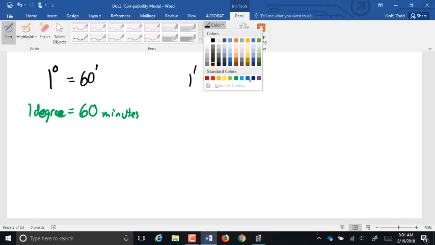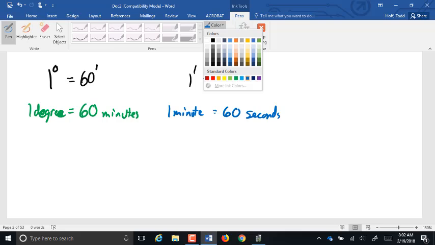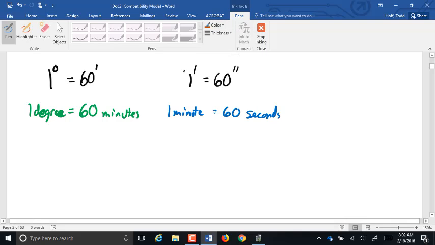Just like in time, there are 60 seconds in a minute. So 1 minute is equal to 60 seconds. The symbol for minute, as we said, is that single quote. The symbol for seconds is the double quote.